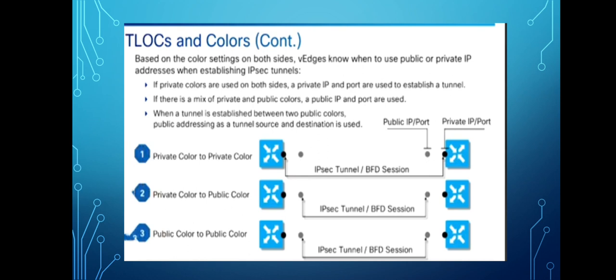If you're going to use a private color at both sides, a private IP and port will be used to establish the tunnel. If there is a mix of private and public colors, a public IP and port will be used. So if both ends are private, it's going to be private. If one of them is private and the other one is public, then of course public. When a tunnel is established between two public colors, public addressing is used as the tunnel source and destination.